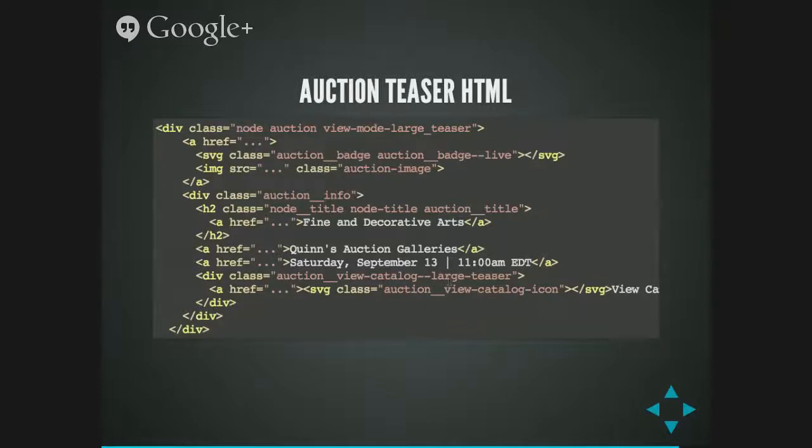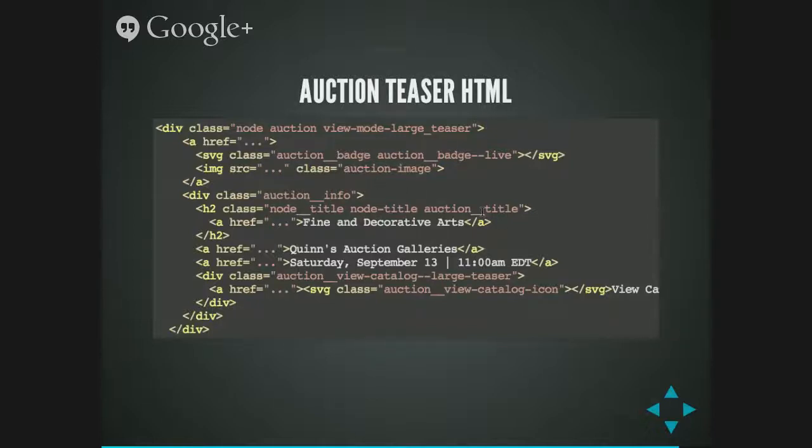So auction underscore underscore badge, and then also this variant that this is the live type of badge. There's other types of auction badges too. And then this container sub-object of the info, which is that text down below. Oh, sorry. And the image of the auction itself, and that's actually a separate component. I don't remember why we didn't sub-object that, but.